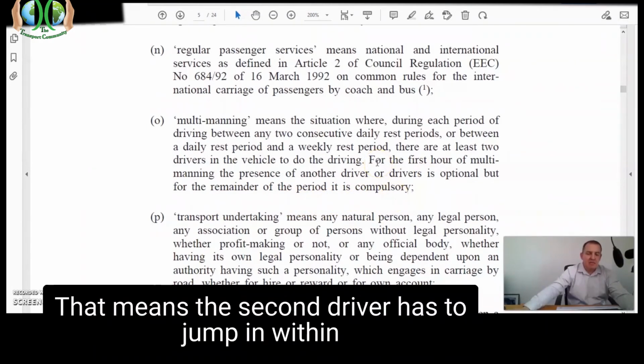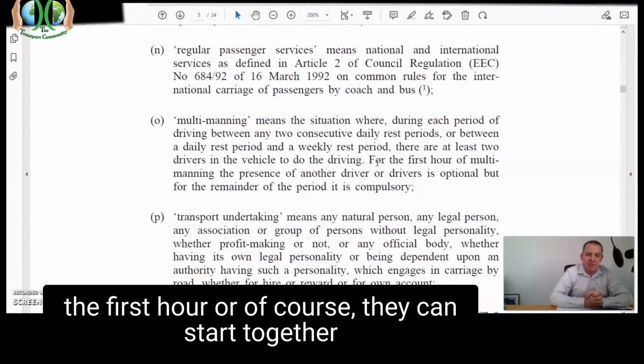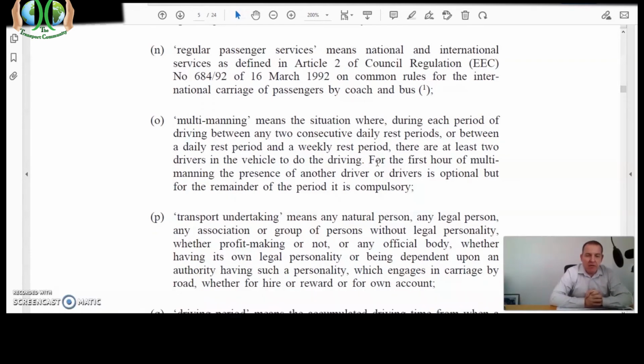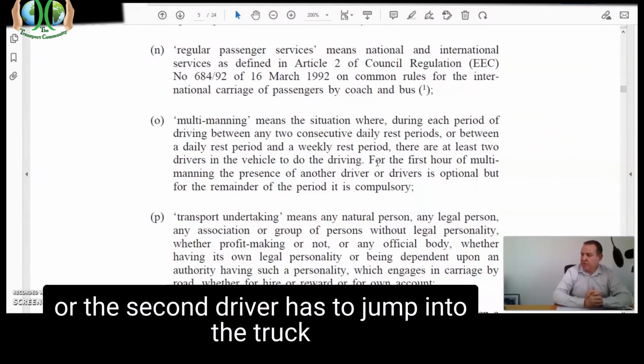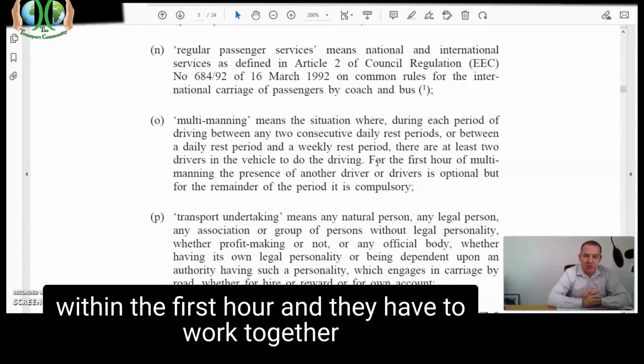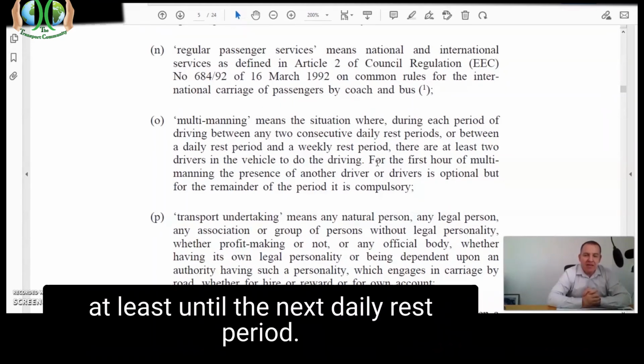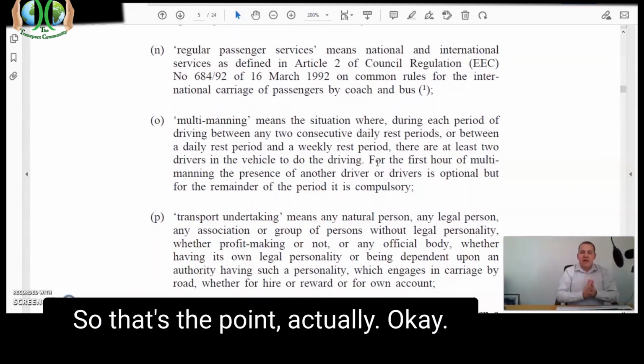That means the second driver has to jump in within the first hour, or of course they can start together, or the second driver has to jump into the truck within the first hour, and they have to work together at least until the next daily rest period. So that's the point actually.